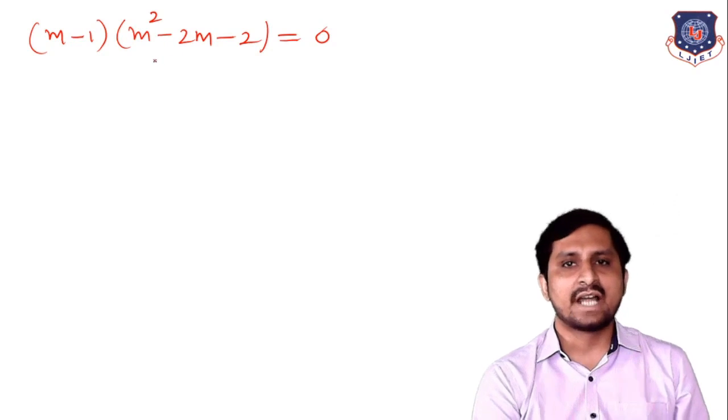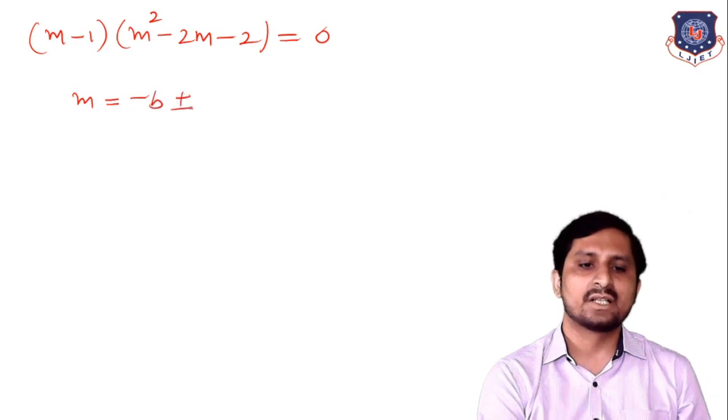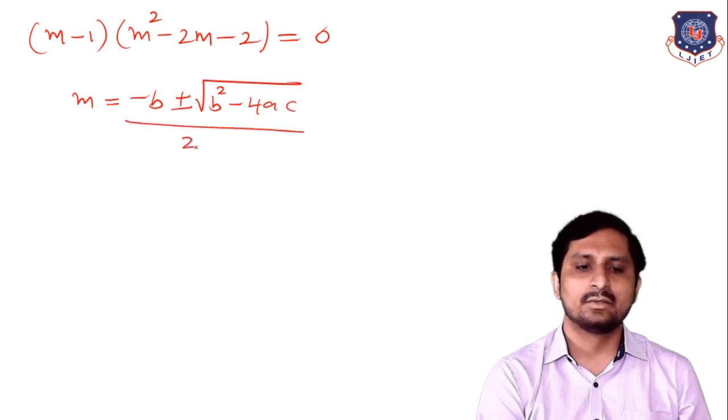Now I have to solve this equation, m square minus 2m minus 2 equal to 0, using the formula: m equals minus b plus or minus square root of b square minus 4ac, divided by 2a.